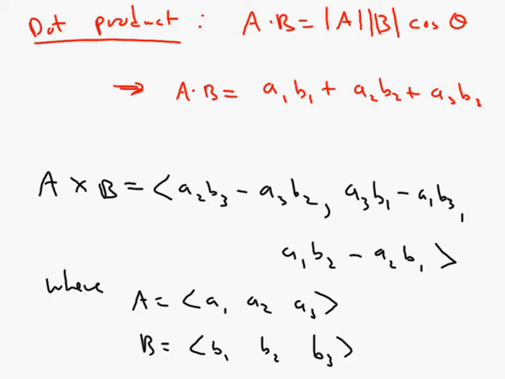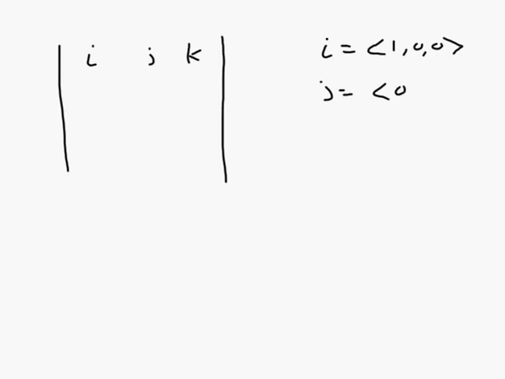Okay, well, let's start. I'm going to write a special matrix down. Its first row is going to be the vectors I, J, and K. Just to remind you, I is the vector 1, 0, 0. J is the vector 0, 1, 0. And K is the vector 0, 0, 1.